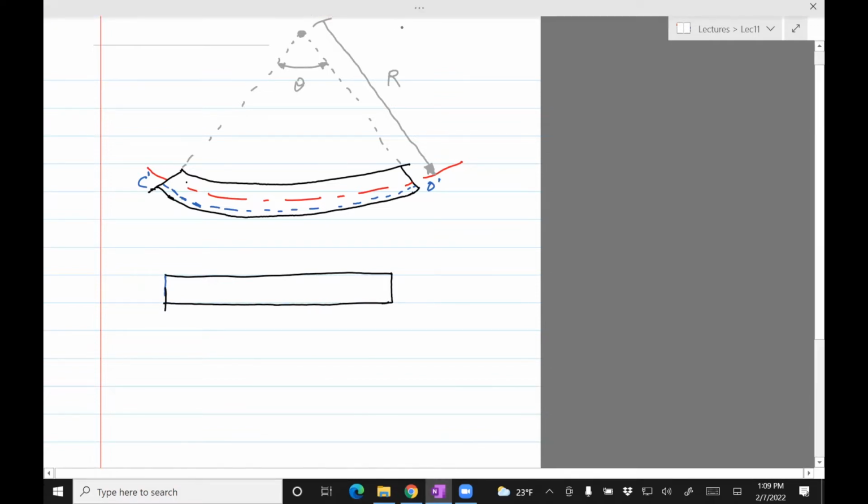And let's draw the neutral axis, which is approximately the middle of the beam. And then I'm going to consider some section away from the neutral axis. Let's call it CD. And so when you apply the moment M, CD will be an arc, C prime D prime.